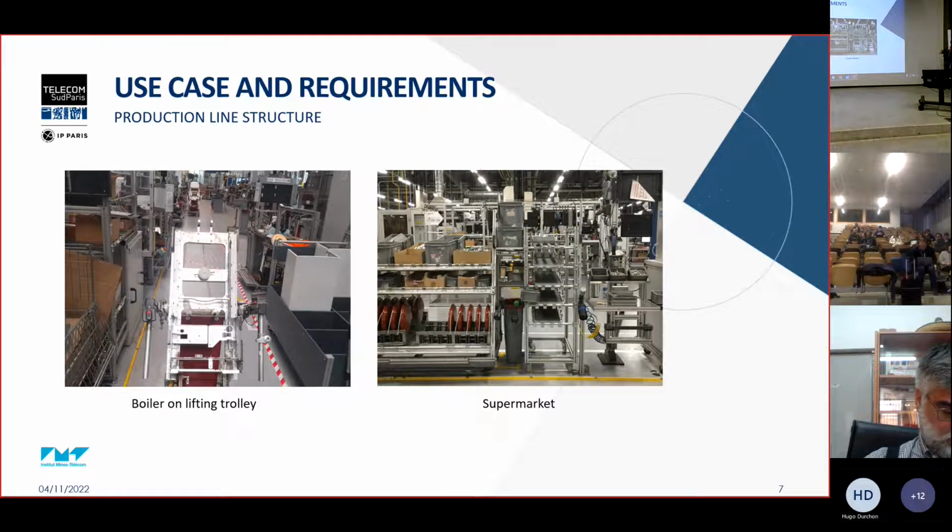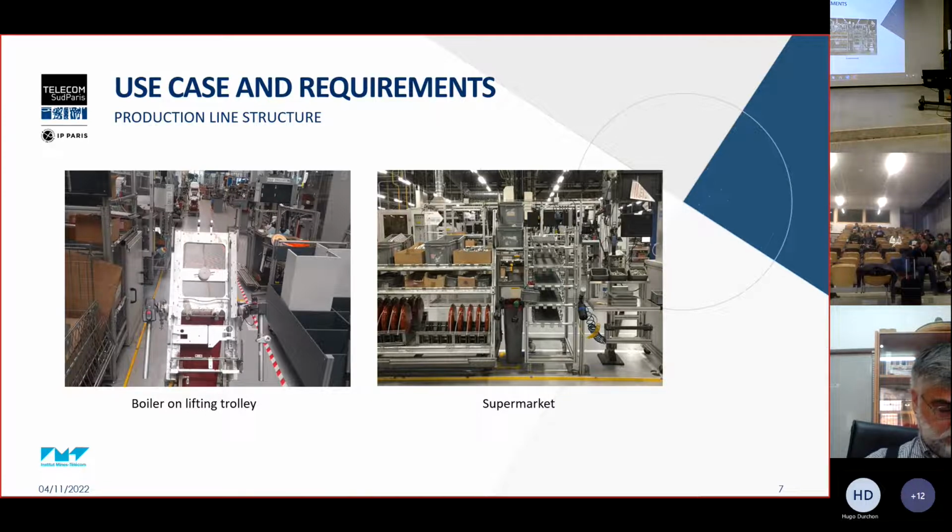I will quickly describe the production line in the factory so you can understand the context. On the left image, you can see the whole line. The line is approximately 3 or 4 times the size of this room and has a U shape, with several workstations along it.